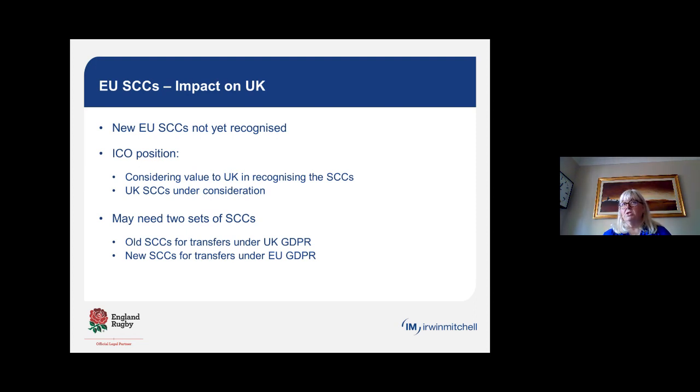So what you're potentially going to need to make sure that you've checked is which version of GDPR are you caught by in relation to that data? Do you need two sets of standard contractual clauses? It's not always that easy to get one set of standard contractual clauses signed off. Going to somebody who's not necessarily that familiar with GDPR and wanting them signed to two different versions, I think is going to be a challenge, shall we say.